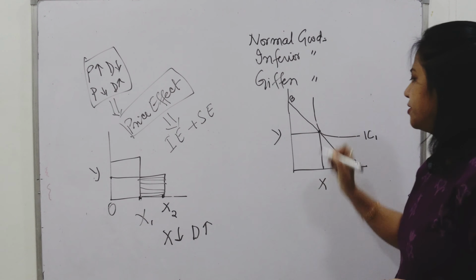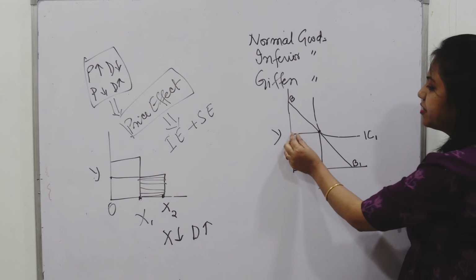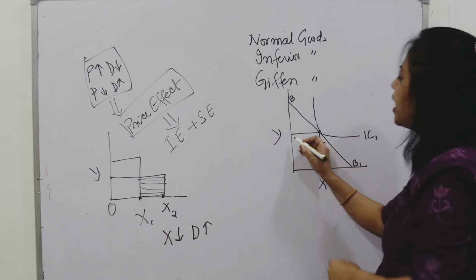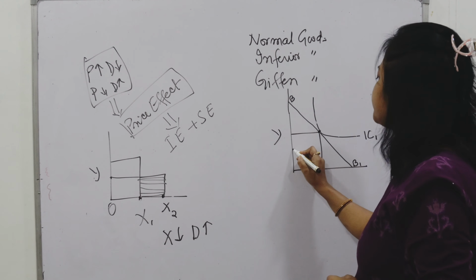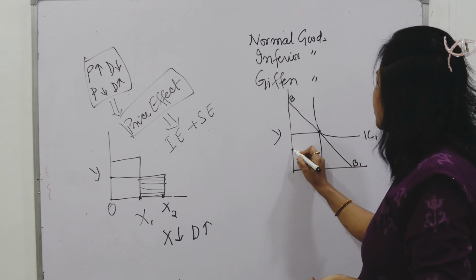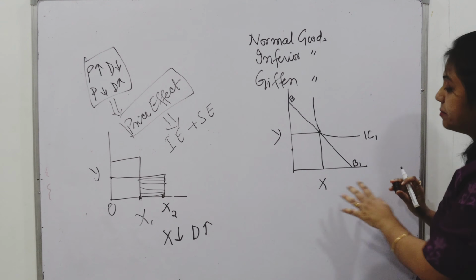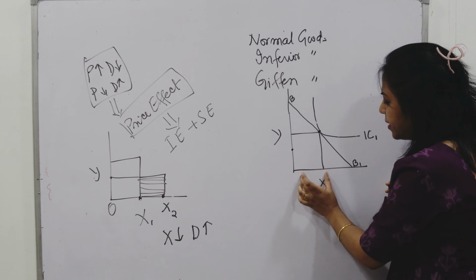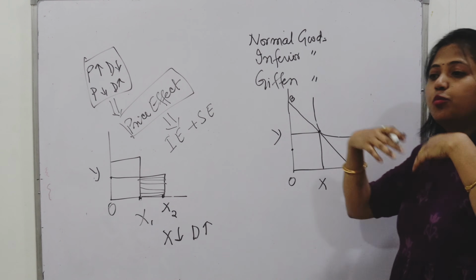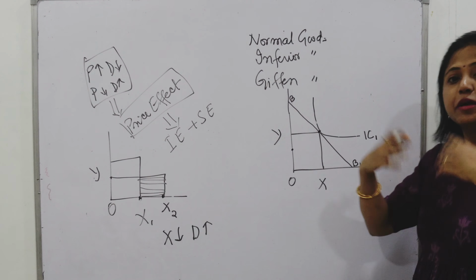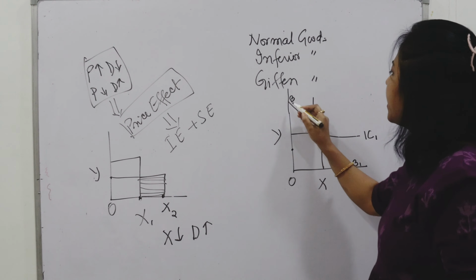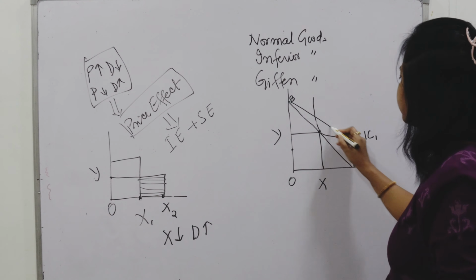So I am here. Now friends, since the price of X has decreased, I will increase the consumption of X. What is happening here is that because my price of X has reduced, I can afford more of X, means I can buy more of X. My purchasing power for X has increased, so my budget line will rotate this side.